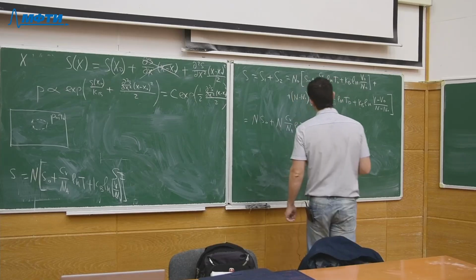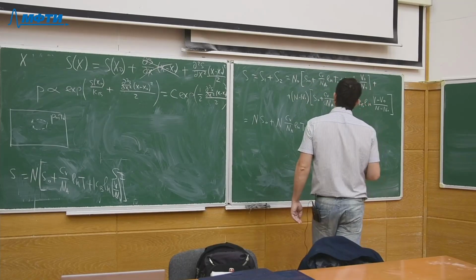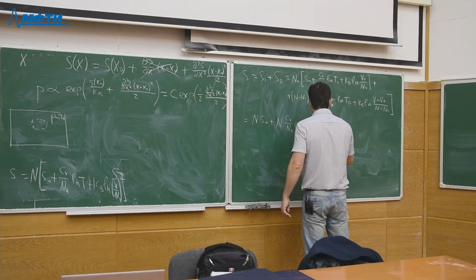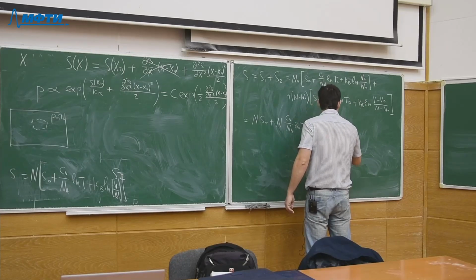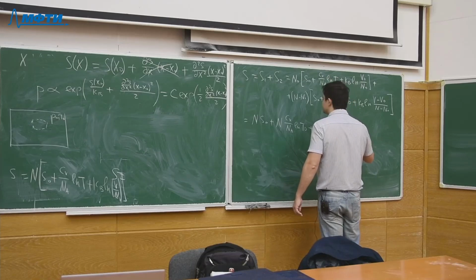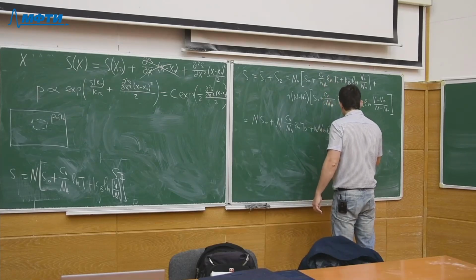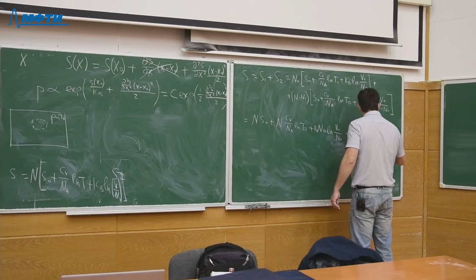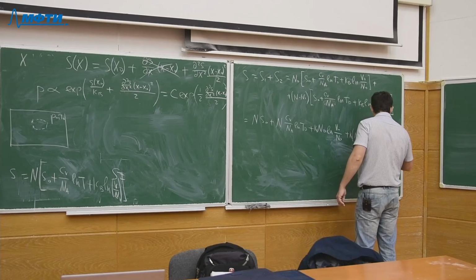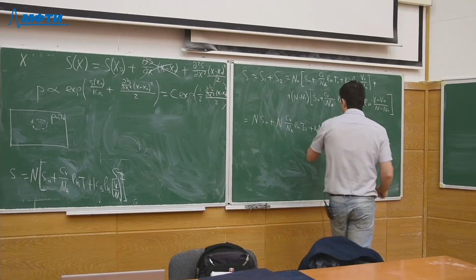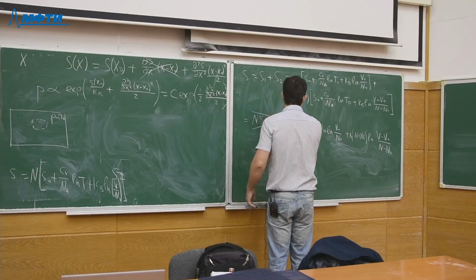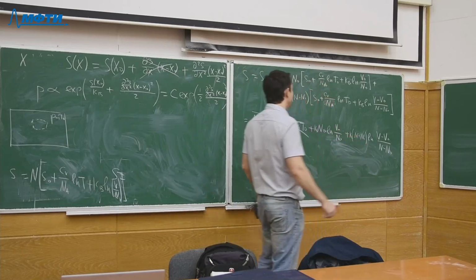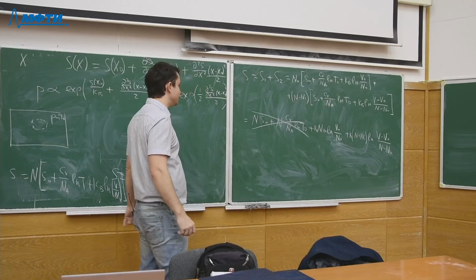It doesn't influence my total value, plus n0 times kb natural log of v0 over n0, plus kb times (n minus n0) times natural log of (v minus v0) over (n minus n0). So the first two terms can be discarded since they are constant, but the third and the fourth term actually depend somehow on the quantity n0.